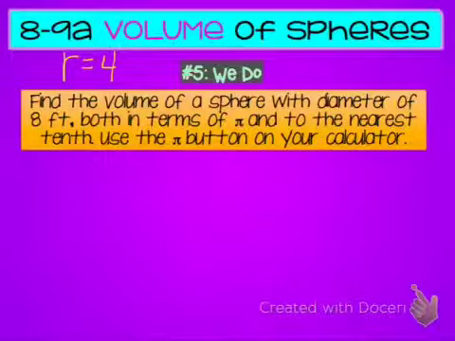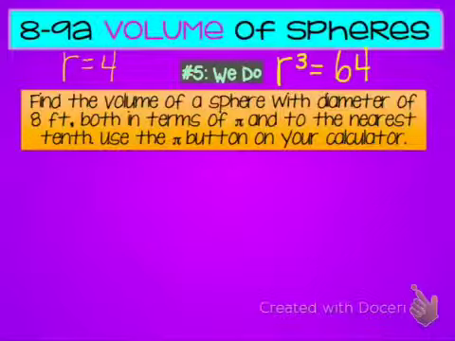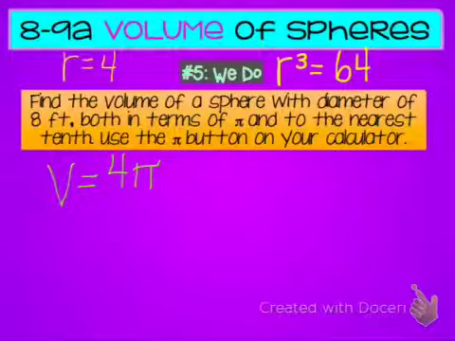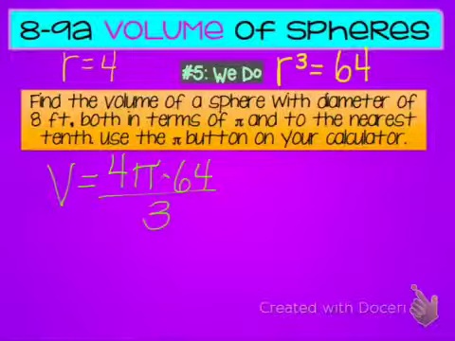So if my radius is 4, my radius cubed is going to be 4 times 4 times 4, which actually is equal to 64. Not too bad. So now we can bring up our formula, which is volume of a sphere is equal to 4 times pi times the radius cubed, in this case 64, all divided by 3. 64 times 4 is 256.